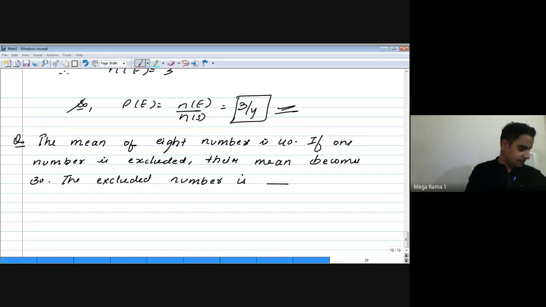Ashwin, 10? No, that's incorrect. Ashwin, we are going to have one complete session on that.